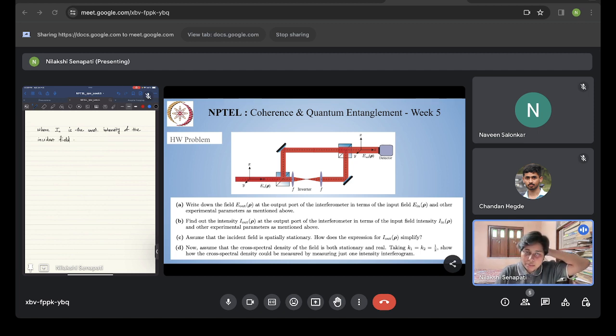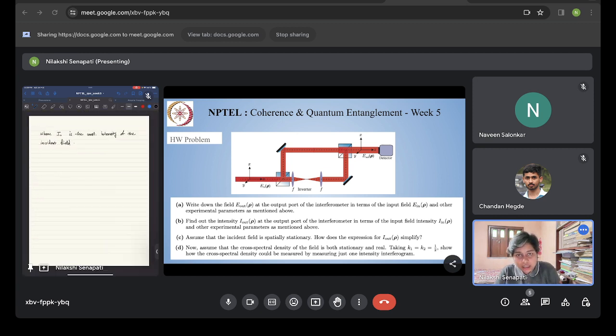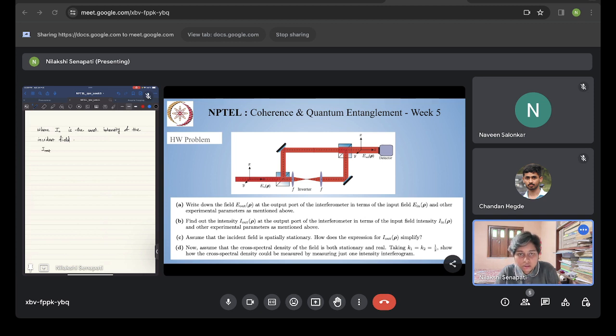That means the first two terms, I in rho and I in minus rho, will become constant, and now we can write I out rho equal to k1 square I0 plus k2 square I0 plus k1 star k2 W 2 rho e to the power minus I delta plus k2 star k1 W 2 rho e to the power I delta.